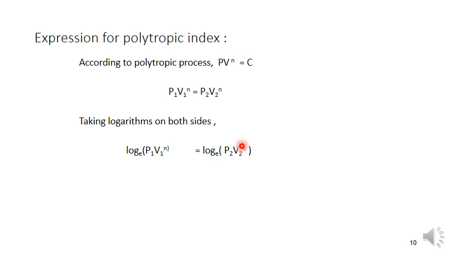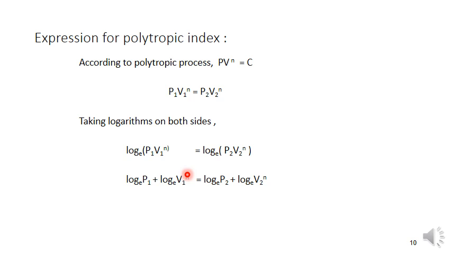We all know that log AB is equal to log A plus log B, so I write log P1 plus log V1^n, and here also log P2 plus log V2^n. We know another formula: log A^m is equal to m log A.